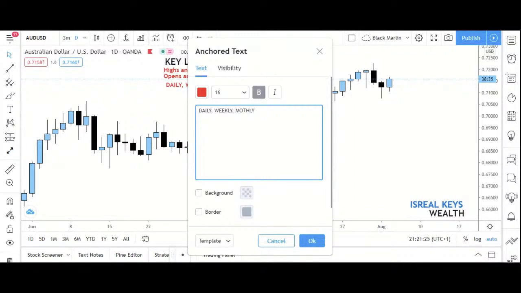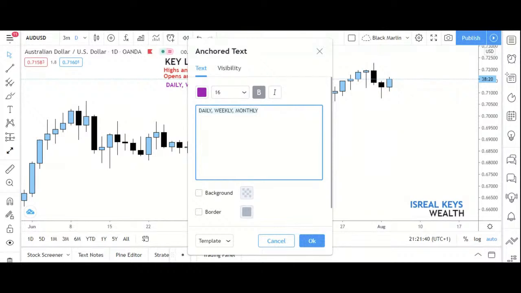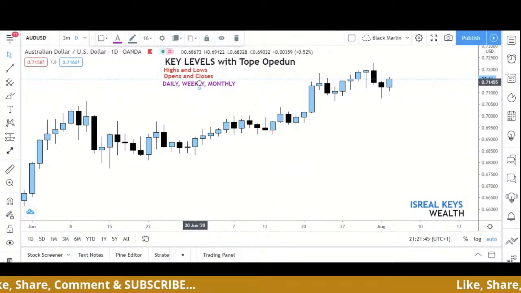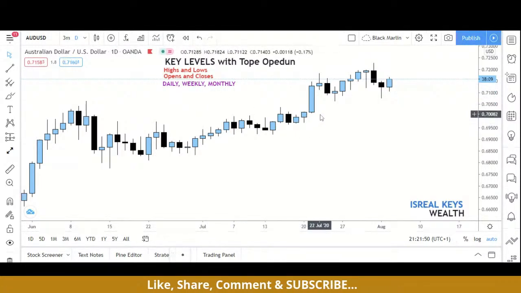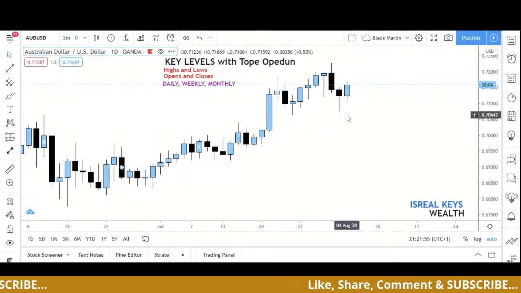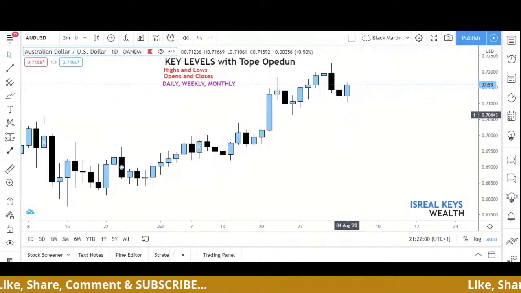Those levels are vital. What we do is identify their highs, lows, opens and closes, drop our line on it, and wait for price to do its thing around those areas. They're very high probability areas for price to do what it wants to do, so you can search for price action around those areas.